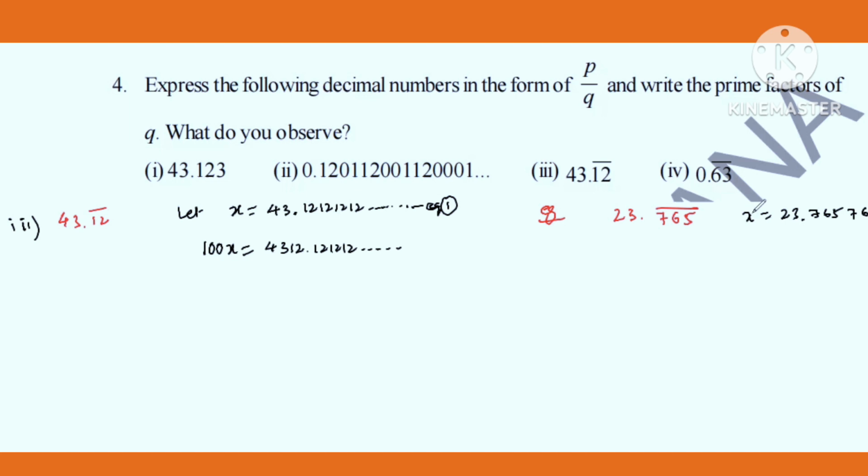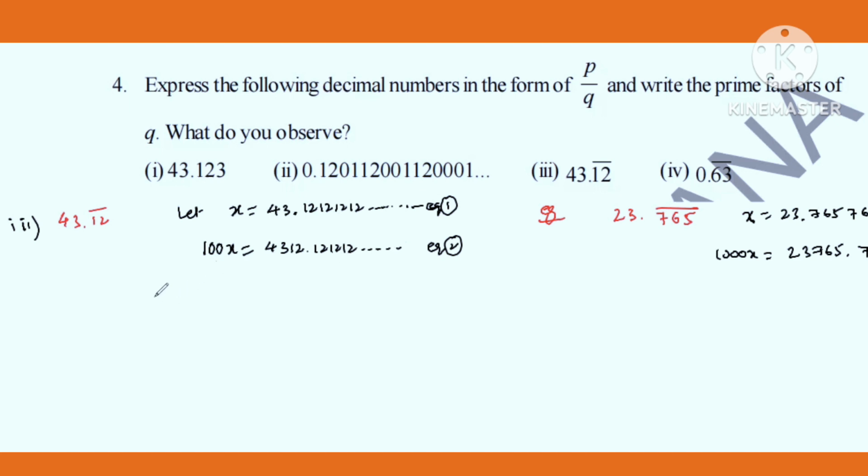Now multiply with 1000, we get 1000x equal to 23765.765, the point moves 3 places. This one is the second equation. I think you understood here. If the repeating part has 3 decimal places, we multiply with 1000. If the repeating part has 2 digits, we multiply with 100.